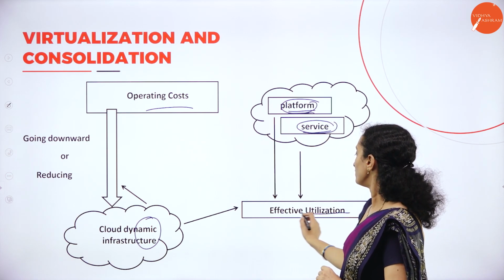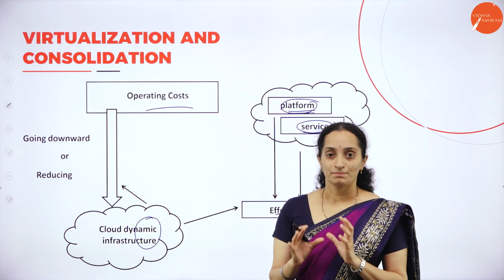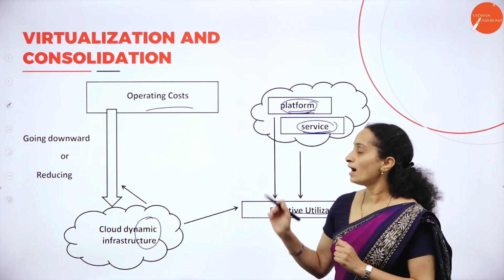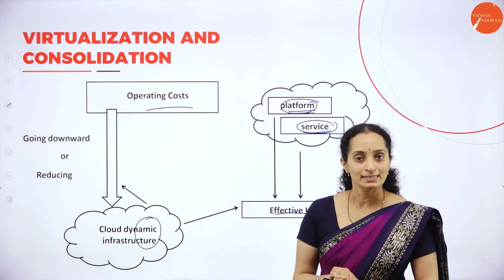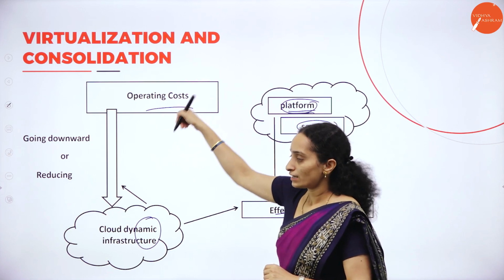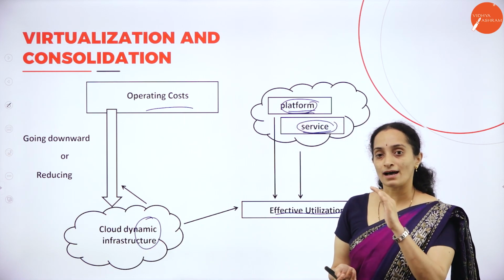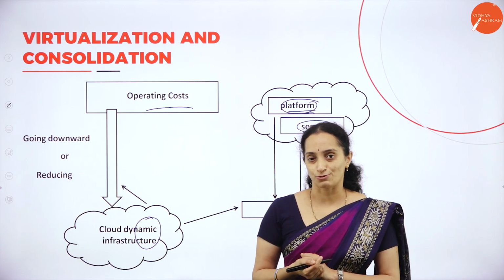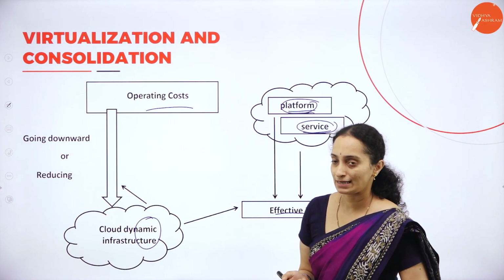This lets the cloud make effective utilization of the platform as well as the service. With the help of virtualization, you can decrease the operating cost, whereas you can increase the utilization of the resources in the cloud.